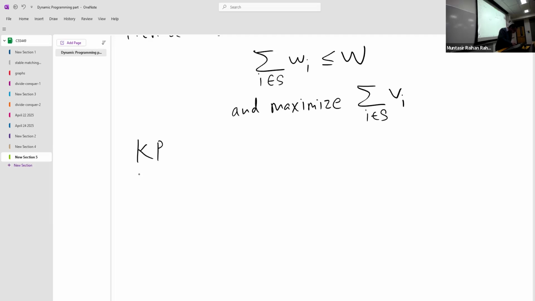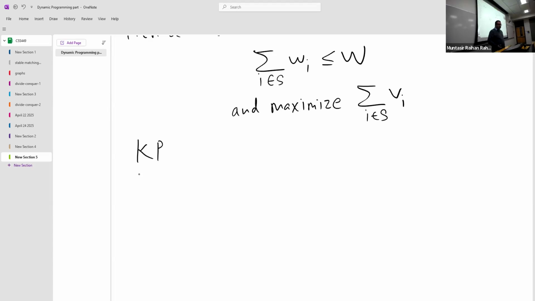Sorry, I have a question. Yeah. Negative values or weights? We are going to assume that weights are positive in this case. Values? I think you can have negative values, but there is not much significance of considering them. You can take all the values and add a certain amount to make them all positive.